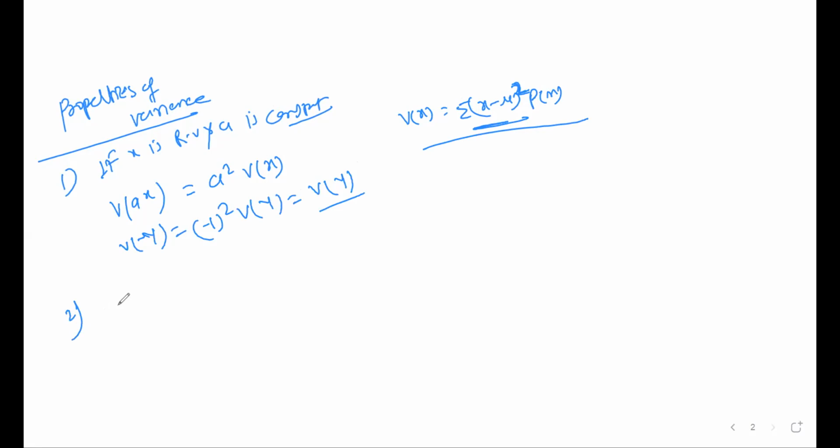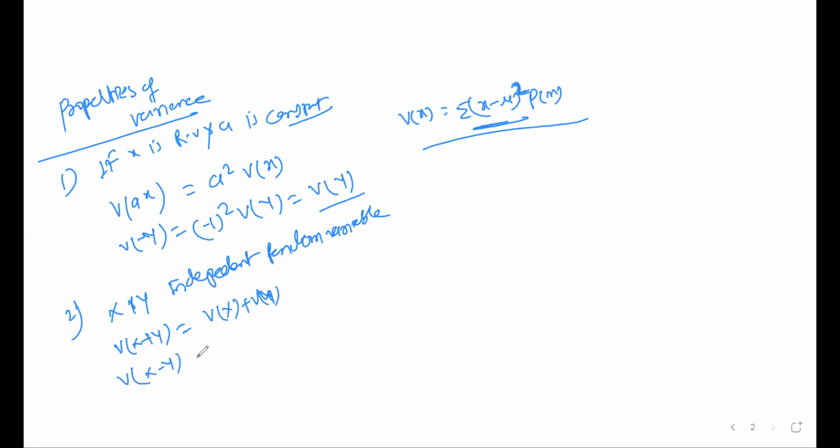The second property: if x and y are independent random variables, then the variance of x plus y is given as v of x plus v of y. And if you write x minus y, it is again given as v of x plus v of y only.